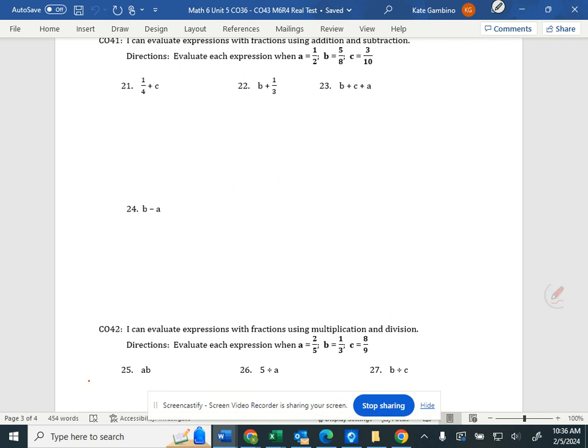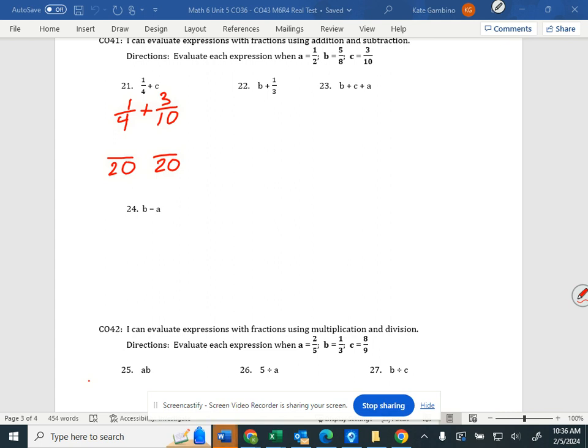So let's look at what we have. 1/4 plus 3/10. I used a common denominator of 20. Could have used a common denominator of 40. You could have said 4 times 10 is 40. That's a common denominator. I like to go with my smallest common denominator, so I have to simplify it less.